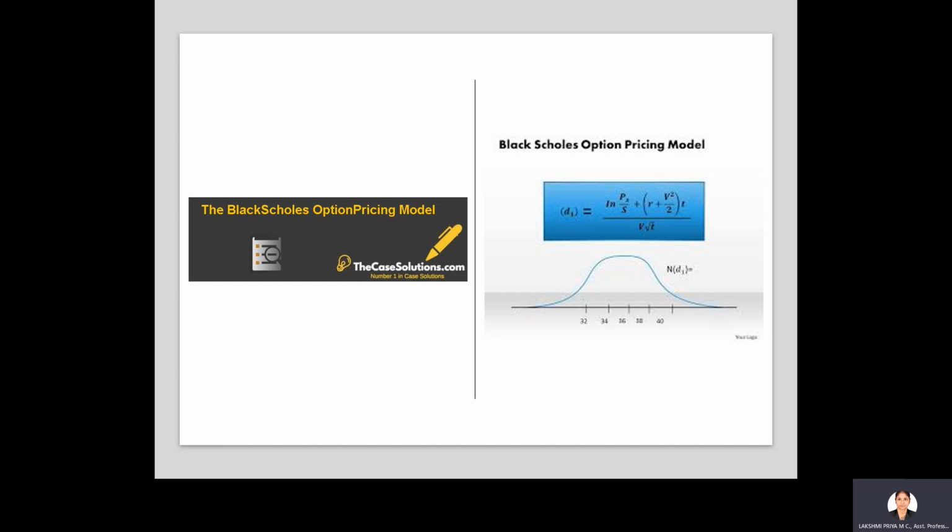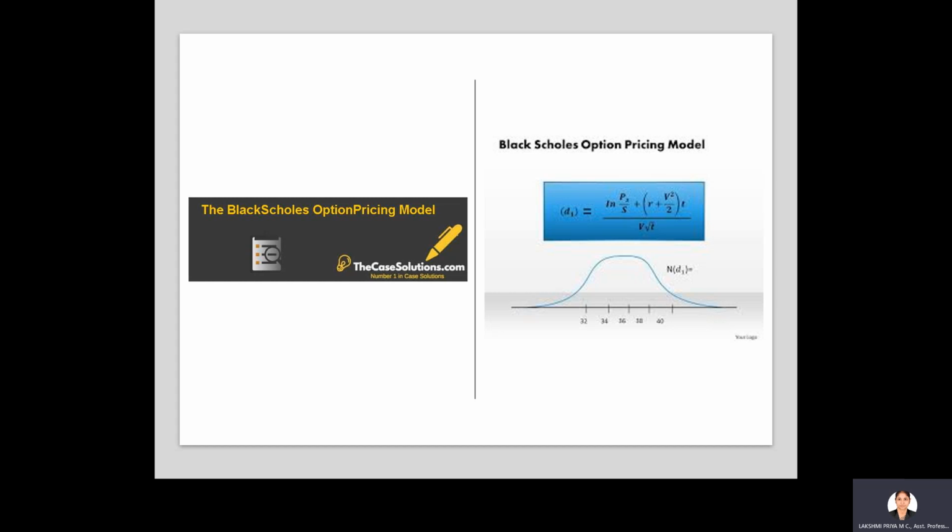So once the comparable companies have been selected, the next step is to choose the valuation multiples. There are a number of valuation multiples used in practice, which are divided into two broad categories, the equity valuation multiples and the enterprise valuation multiples.